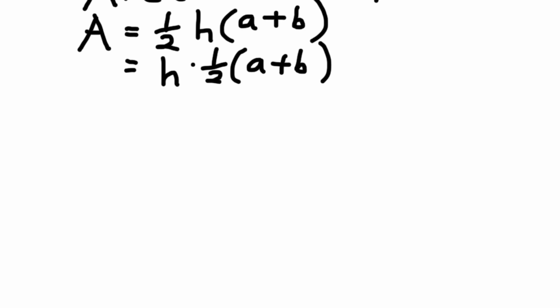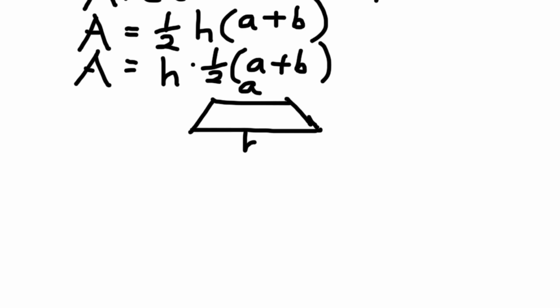Okay, so a trapezoid looks something like this. The thing about a trapezoid is that the two bases, let's say that this is a and this is b, are parallel to each other, but they're usually not the same size.